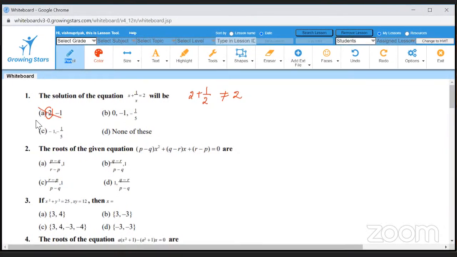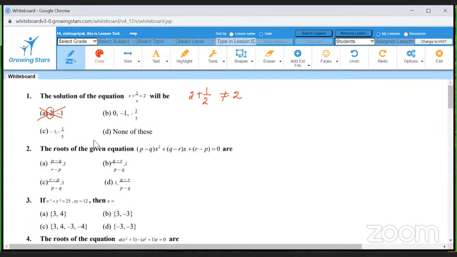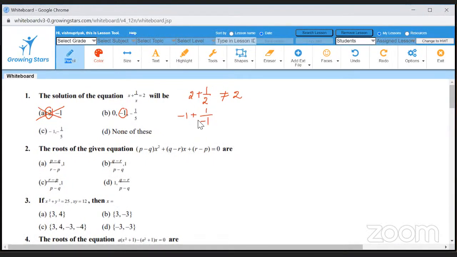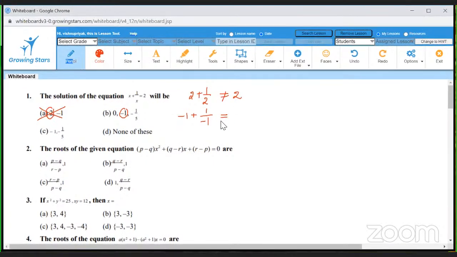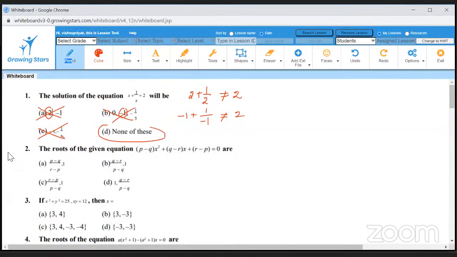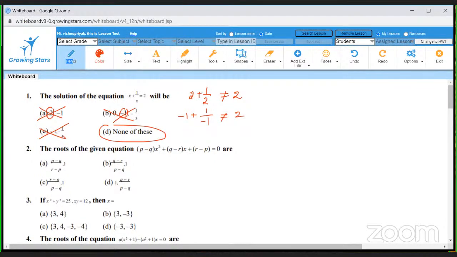That means this is not the answer. Similarly, from B, you can put x as -1, then x plus 1 by x is -1 plus -1, and when you add up, you are not getting 2. So B is also not the answer. C also will not be the answer. That means none of these. D will be the correct answer.